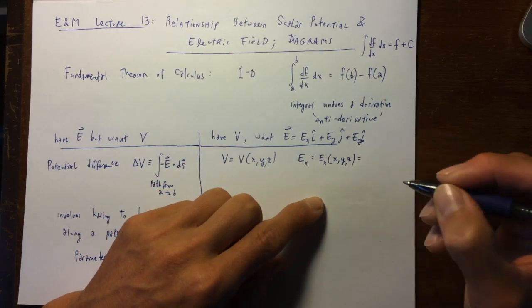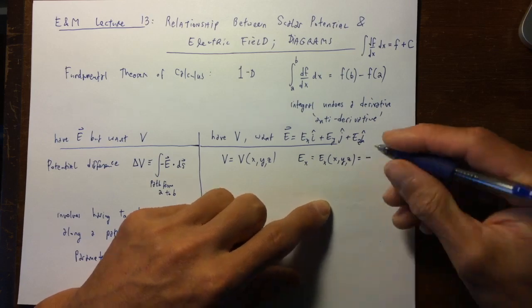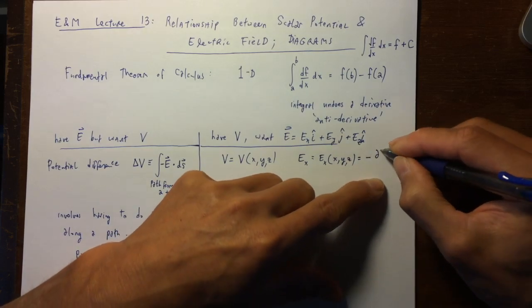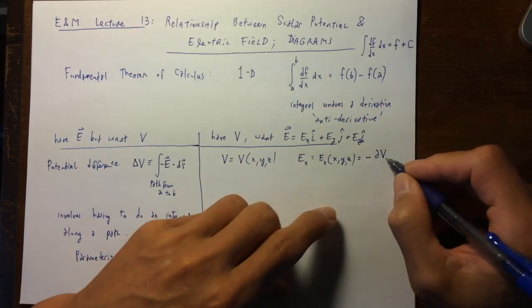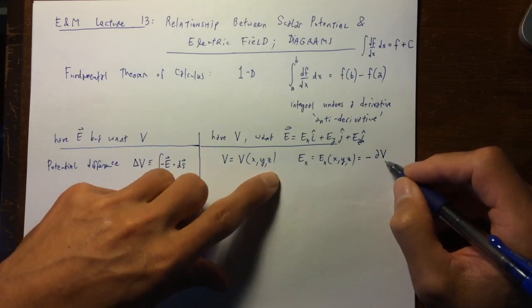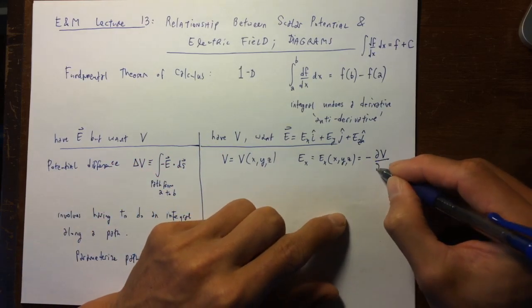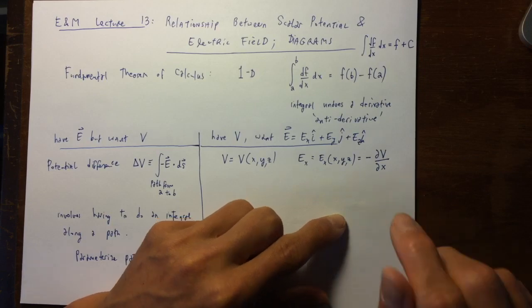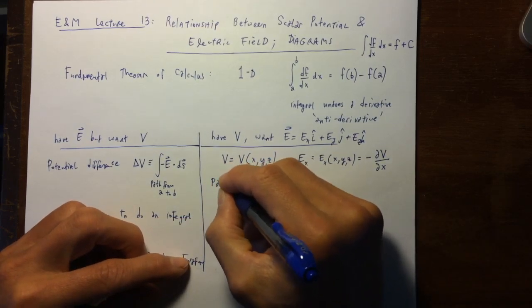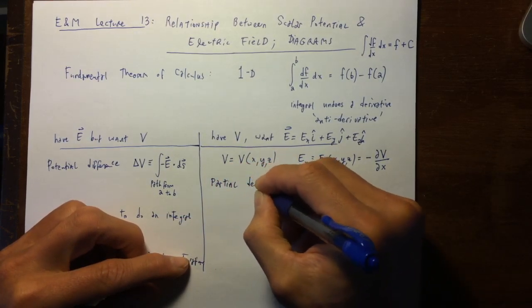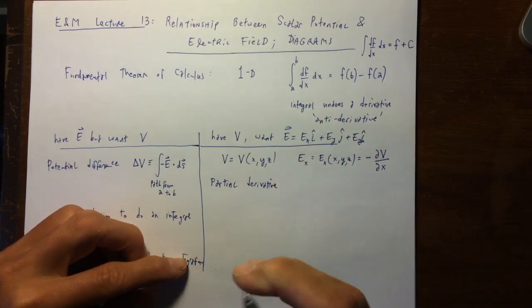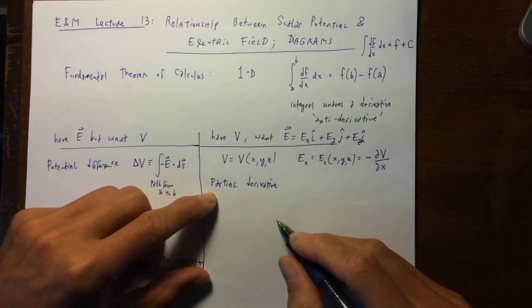And this is given by the negative of what's called the partial derivative of the function V, which you have the functional form of, by x. So this is a partial derivative. Partial derivatives are interesting.